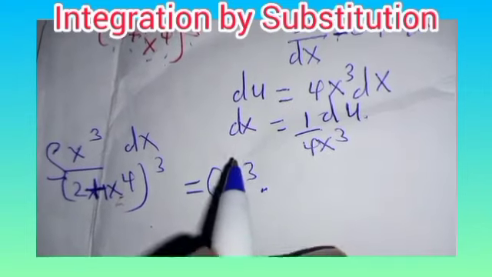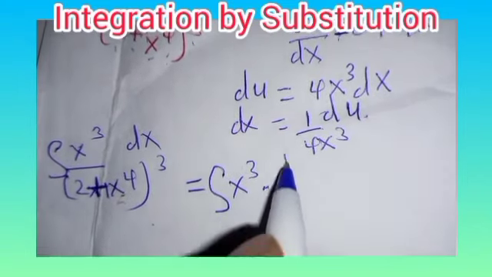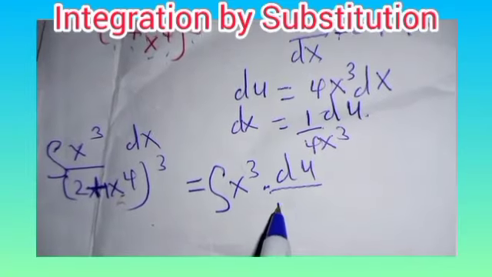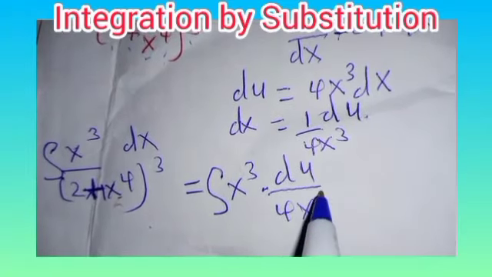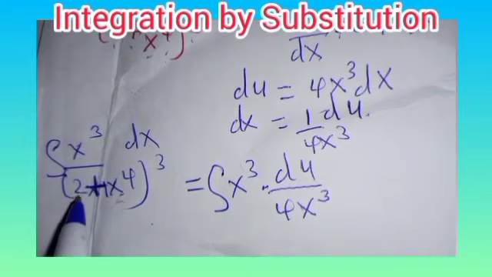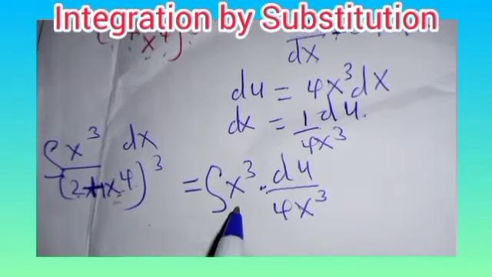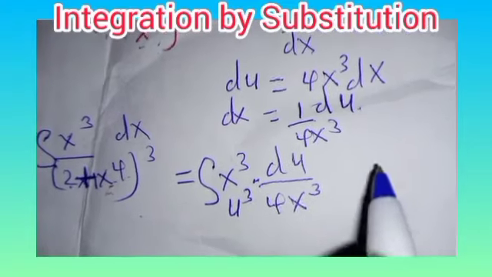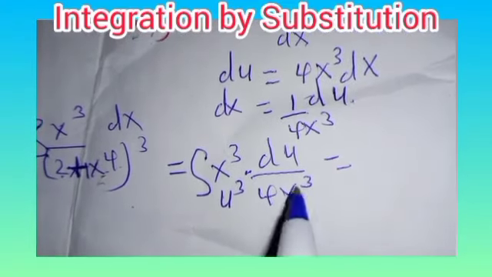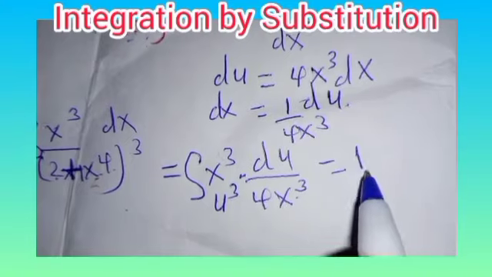Instead of dx, we have du divided by 4x cubed. Instead of 2 plus x power 4, we are going to have u power 3. You can see x cubed will cancel. You can take 1 over 4 outside.